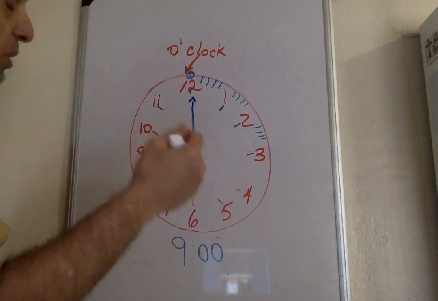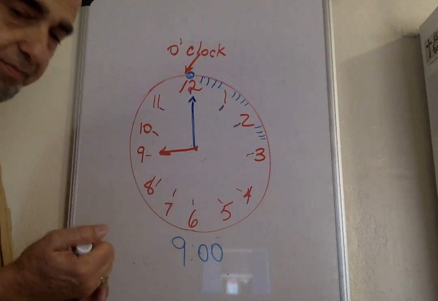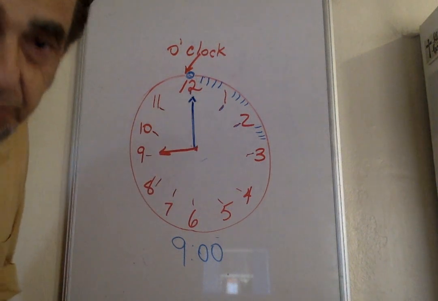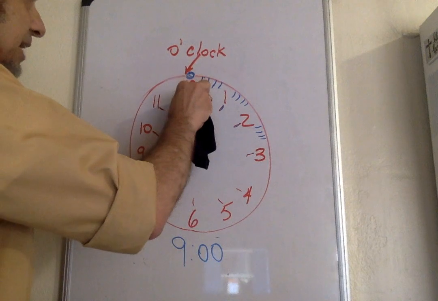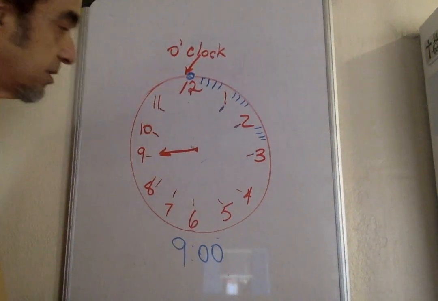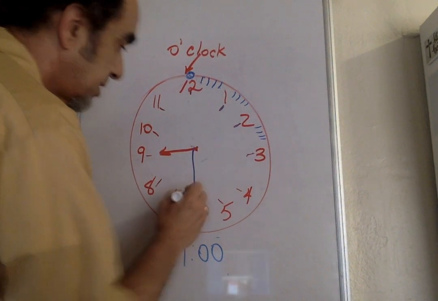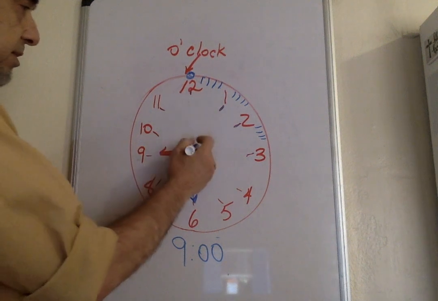Now, what I'm going to show you today is what happens when this hand is not there. Okay. But if it's here, now what do we do?